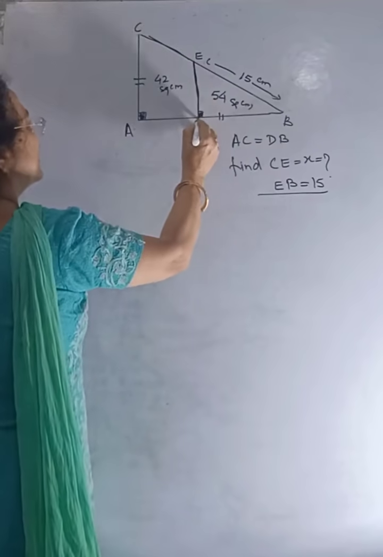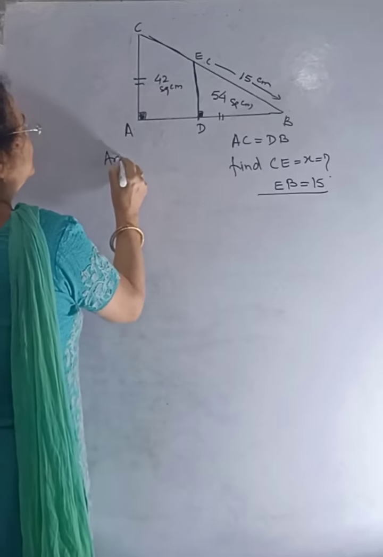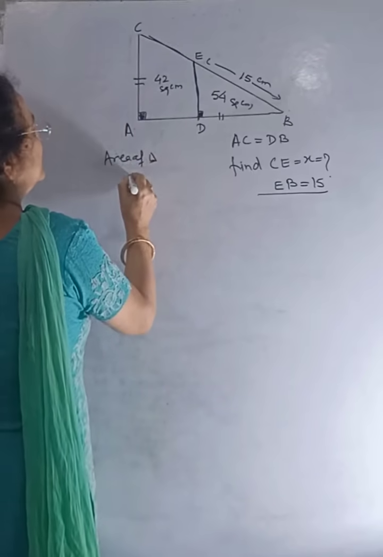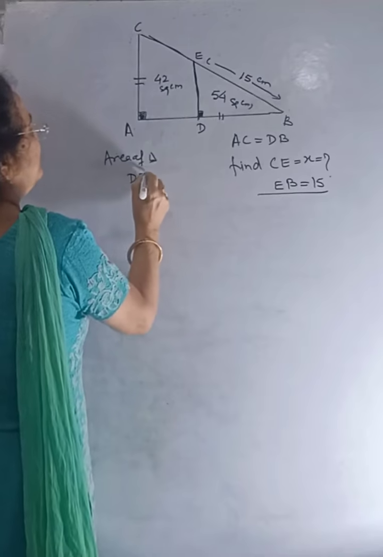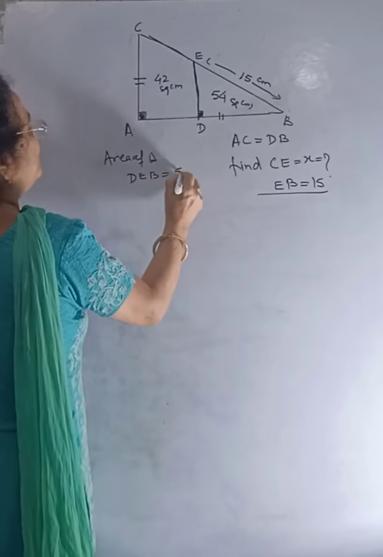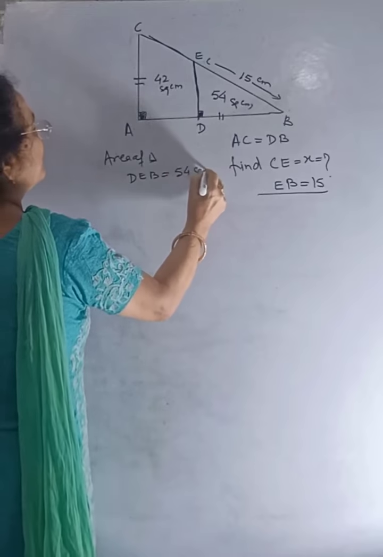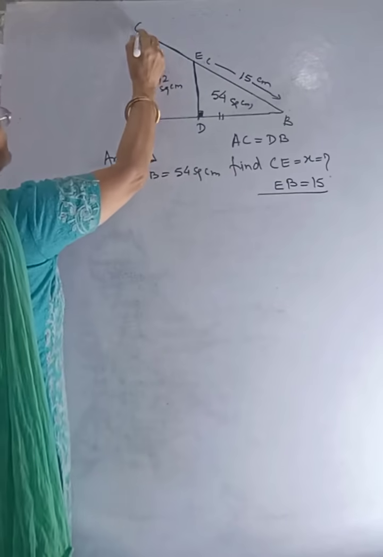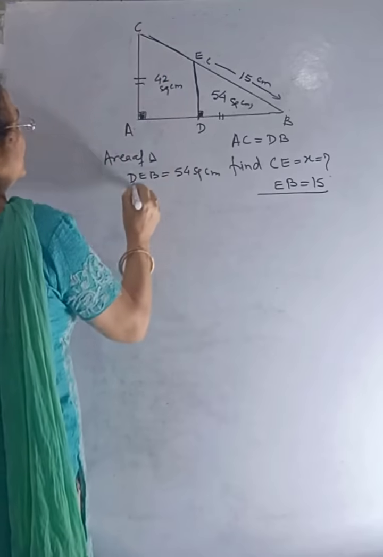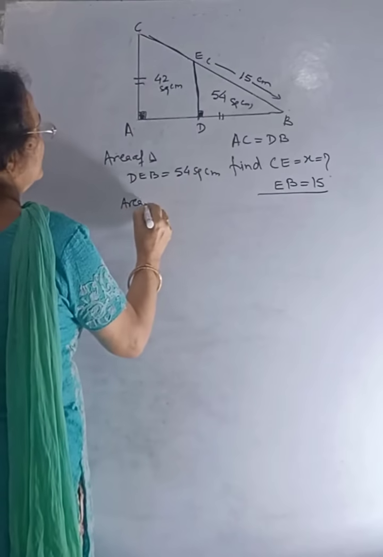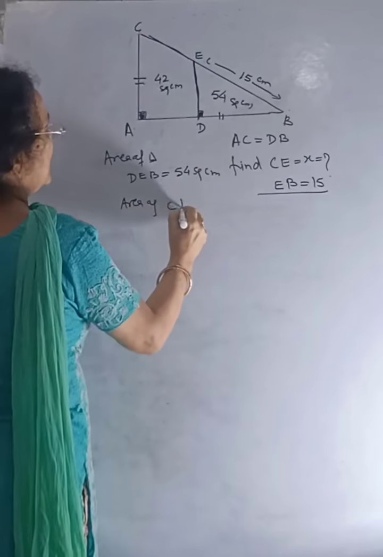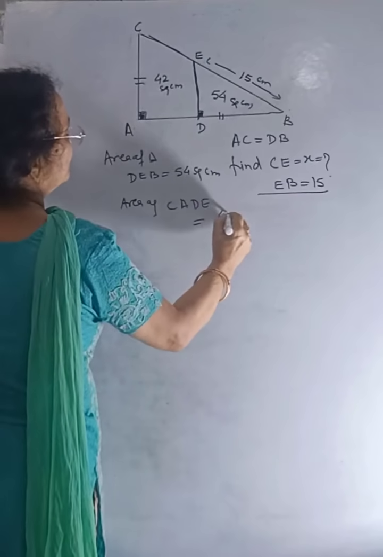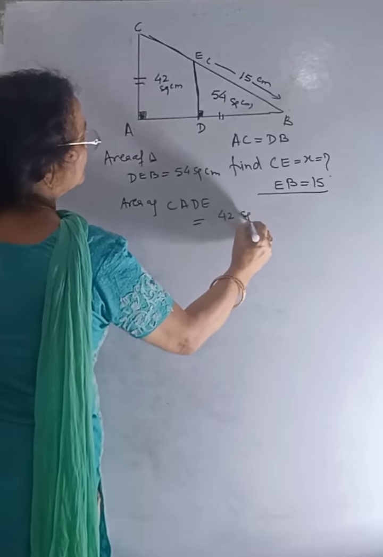The area of this triangle DEB is equal to 54 square cm. Okay, and the area of CADE is given to us as 42 square cm.